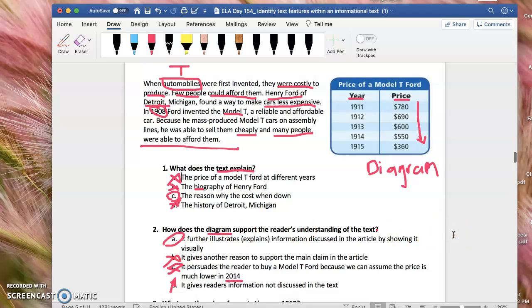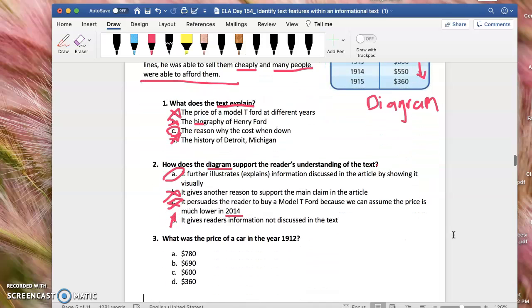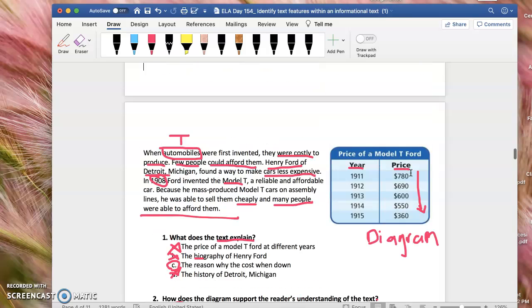Good. And then let's move on to question 3. What was the price? And you can look directly at the diagram to figure this out. What was the price of a car in the year 1912? So when I look at the diagram, the year is 1912.